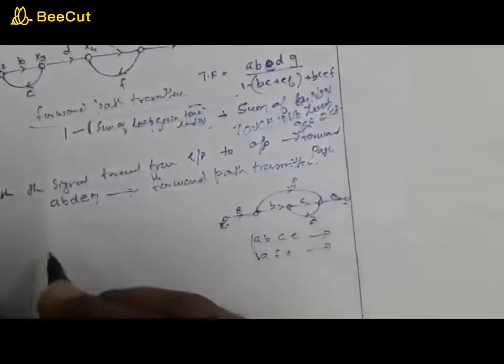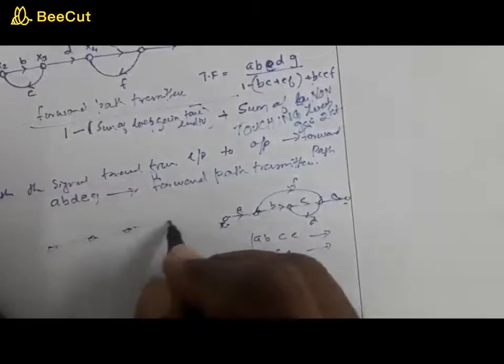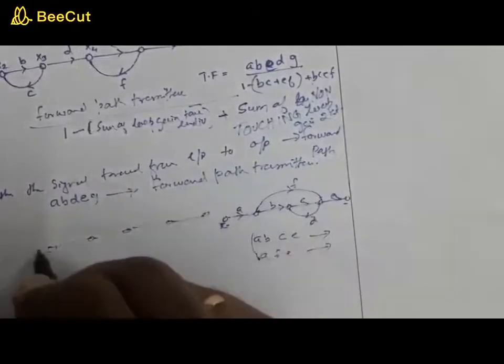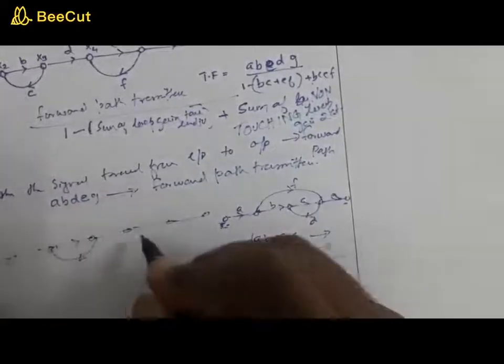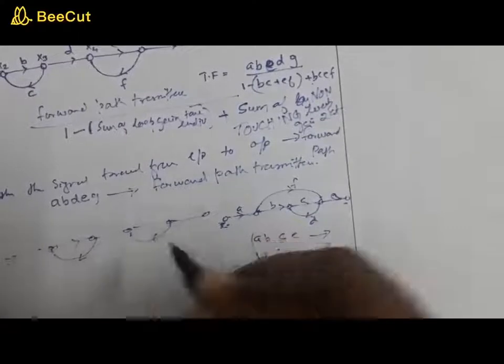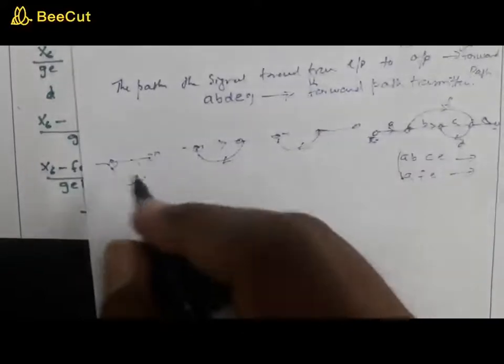Say for example, I am considering a signal flow graph something like this. So this is one loop, this is another loop, this is another loop, right? So how many loops do you have?